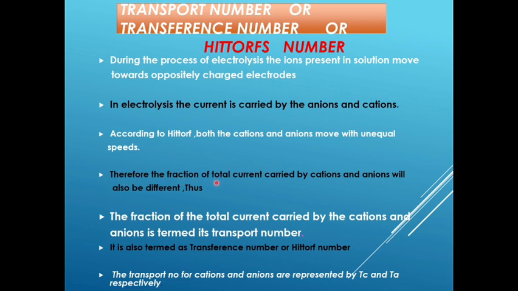Therefore, the fraction of total current carried by cations and anions will also be different. This gives us the definition of transference number or Hittorf number. How can we define it? The fraction of the total current carried by the cations and anions is termed its transport number.